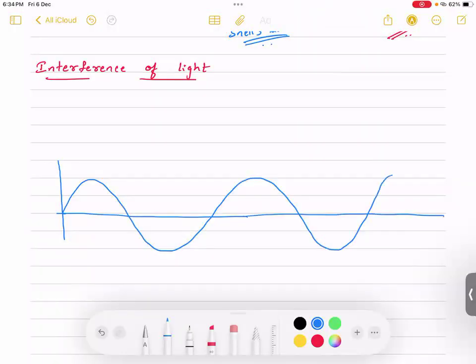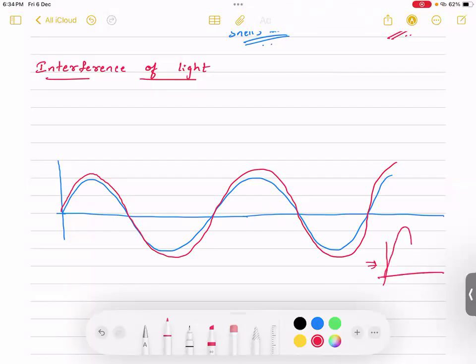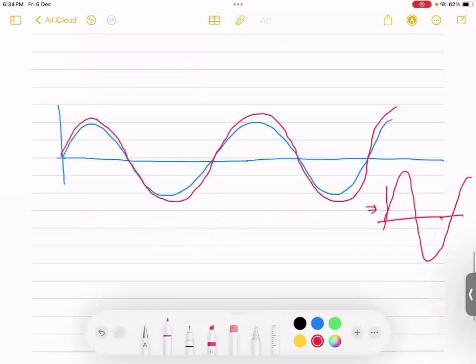This is the first wave. I'll take the second wave almost same, like this. If these two get superimposed, the resultant amplitude will be more, like this. Now, let me draw one more diagram for you.